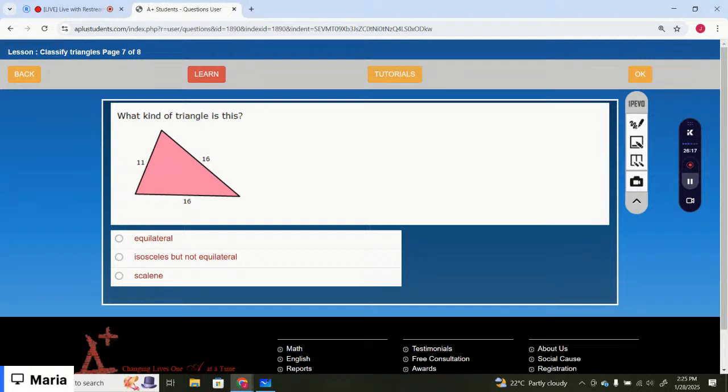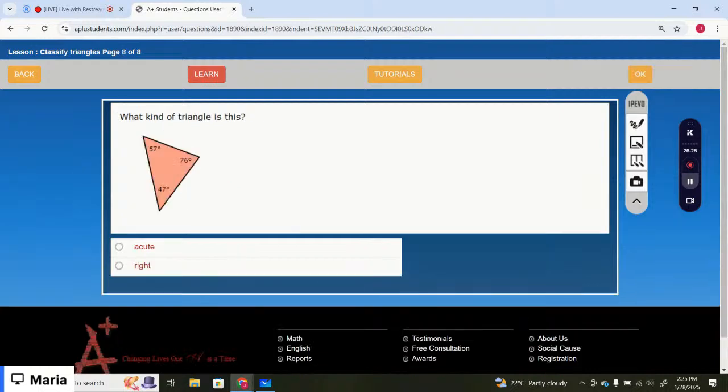That is the isosceles but not equilateral. What kind of triangle it is? That is a acute triangle.